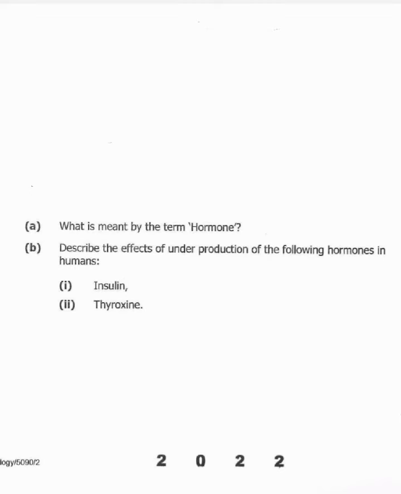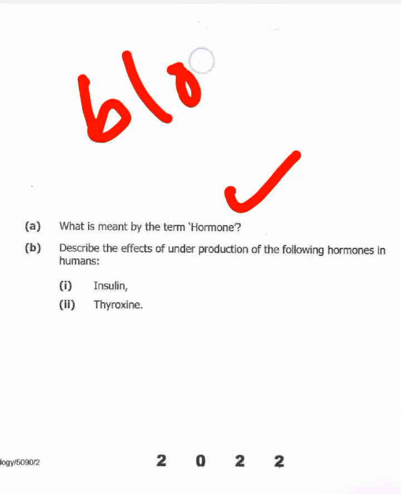Number three, the same hormone is transported by blood after it has been produced. The other thing is that this hormone alters or changes one or more specific targeted organs. Those are some of the things we need to understand as we try to define the term hormone. I hope you are clear.